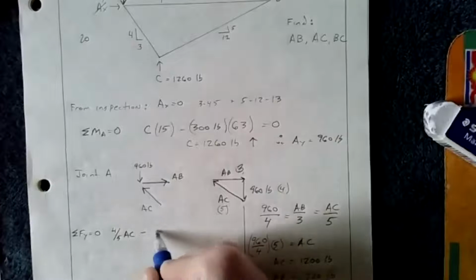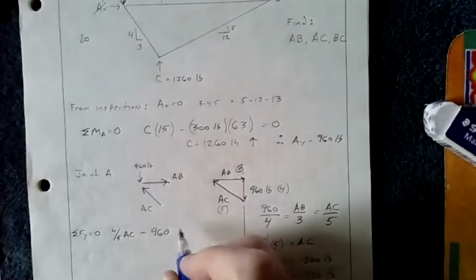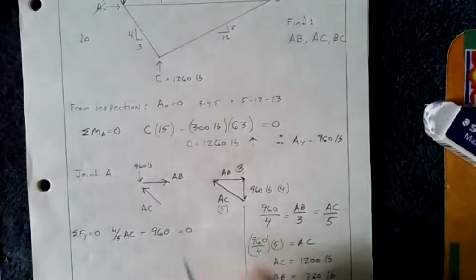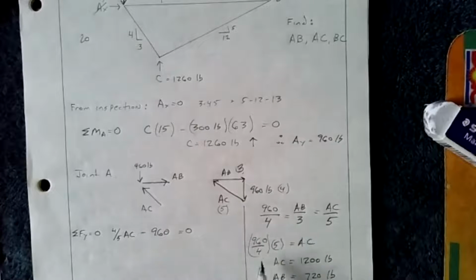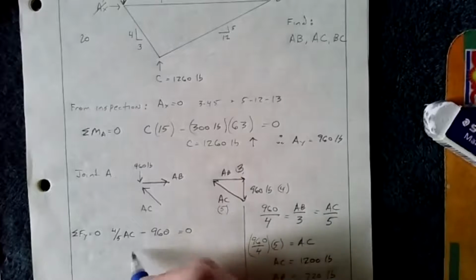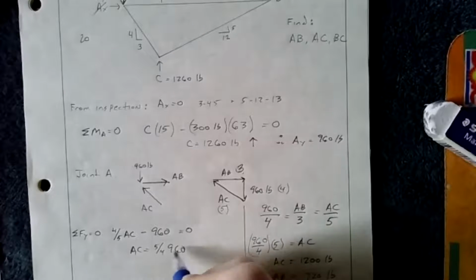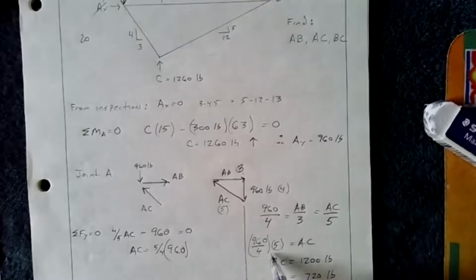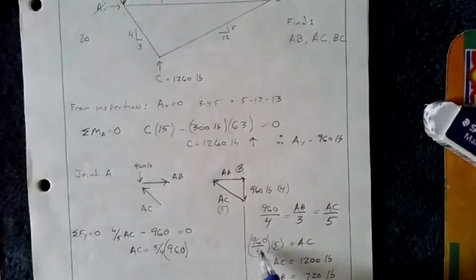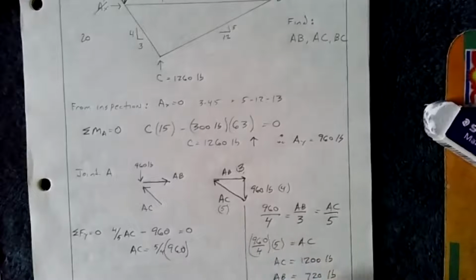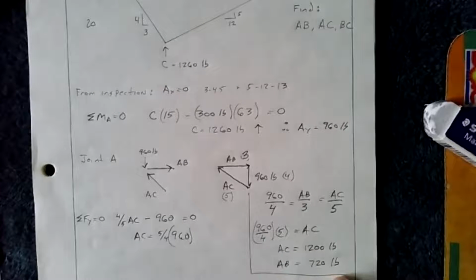And that's going to be minus 960, and that equals 0. So notice this is really the same thing, because I multiplied 960 by 5 fourths. So AC equals 5 fourths times 960, and the same thing, we get to 1,200 pounds.